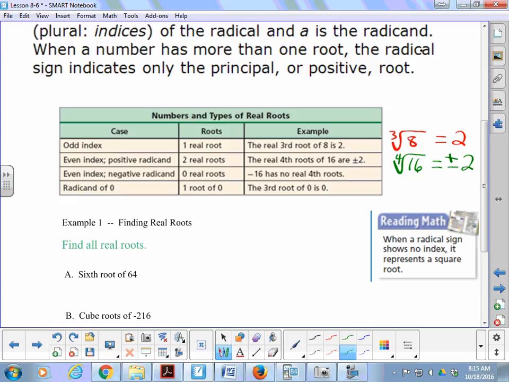Now, we're talking about the roots of that number, because 2 to the fourth power is 16. If I did 2 to the fourth, I get 16, and if I did negative 2 to the fourth, I would also get 16. So the fourth root of 16 is a positive 2 or negative 2.